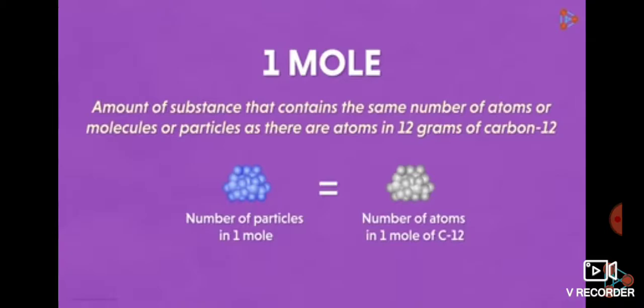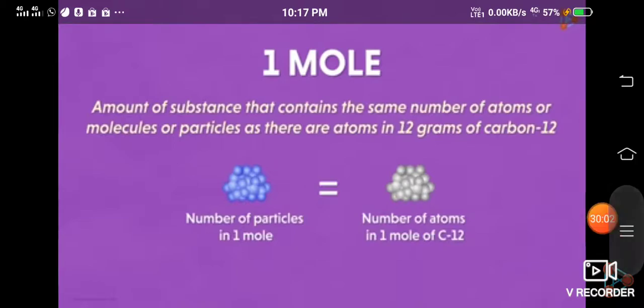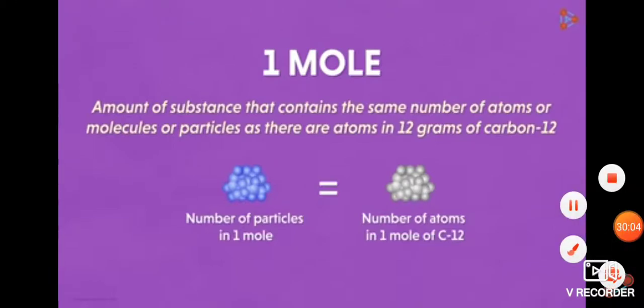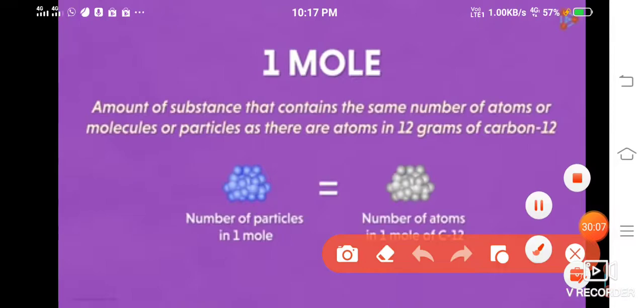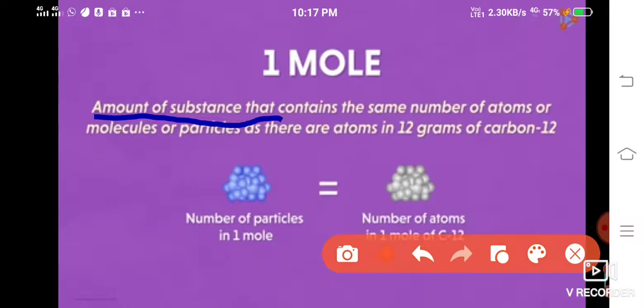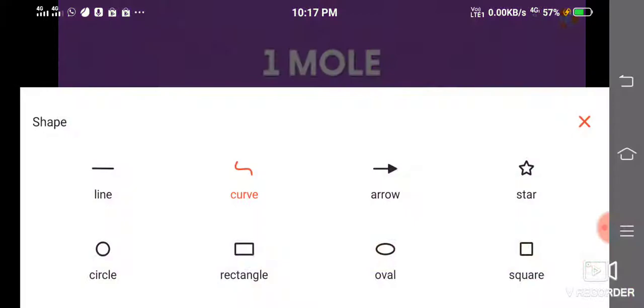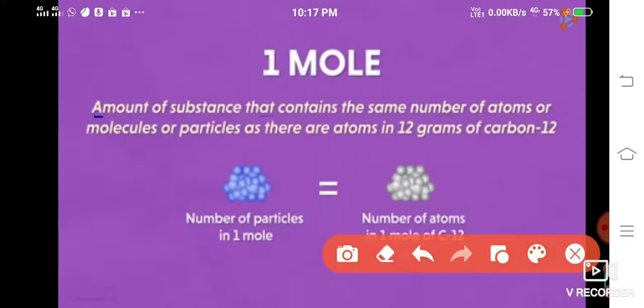See, 1 mole, it is the amount of substance that contains the same number of atoms or molecules or particles as there are atoms in 12 grams. That means if you take 12 grams of carbon, it is going to contain 1 mole of molecules.